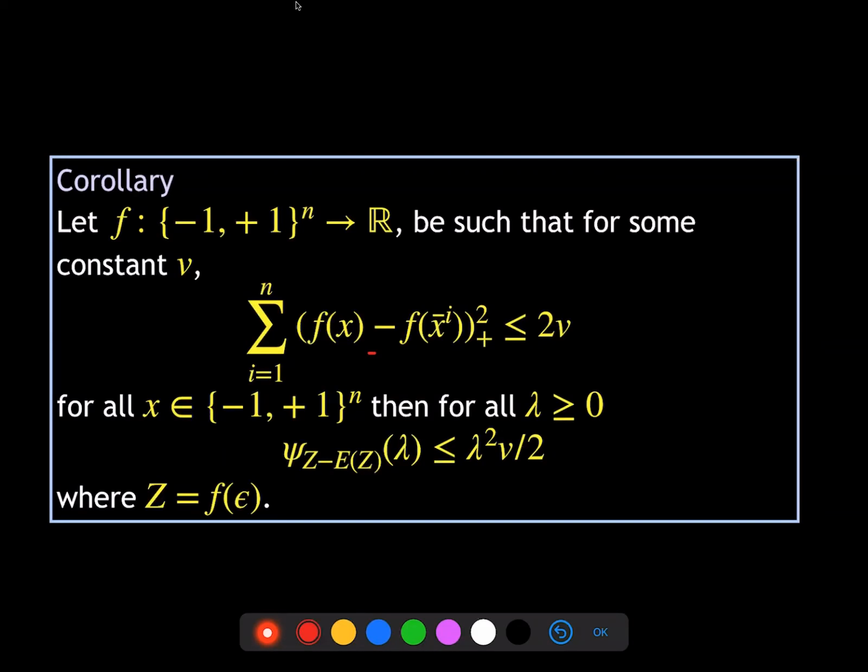In this case, when you consider the variable Z, which is merely equal to f of epsilon, then it is sub-Gaussian on the right tail. That is, you have a control of the log of the moment generating function for positive values of lambda. This is what we shall see. So let's see the proofs now.